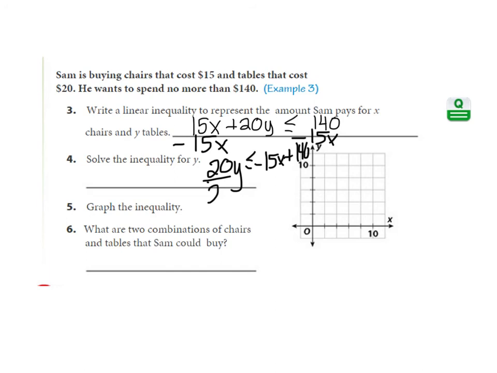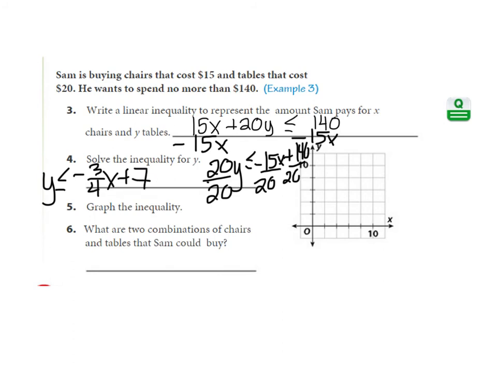And then we divide everything by 20. So our inequality is y is less than or equal to negative 3/4, when you simplify that fraction, x, and then plus 7.